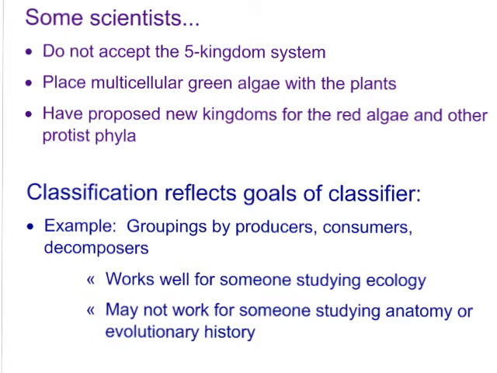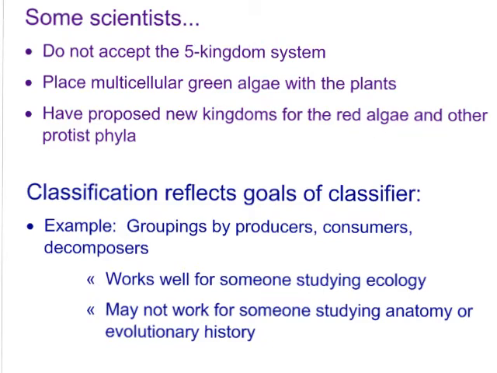So even now, there are a lot of disagreements, and it's important to remember that not all scientists look at classification the same. Some scientists do not accept a 5-kingdom system, some do not accept a 6-kingdom system. Some scientists will place the multicellular green algae with the plants, and some have proposed new kingdoms for the red algae or other protist phyla.